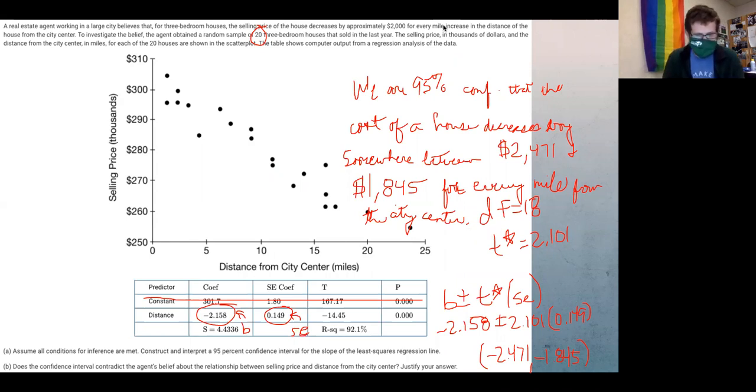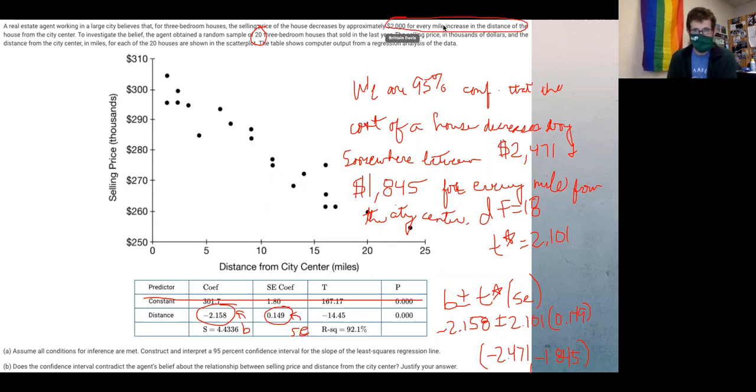So if the agent believes that for every mile increase in distance the price will decrease by $2,000, does that fit in our confidence interval? Is that in our confidence interval or outside of it? It's inside.